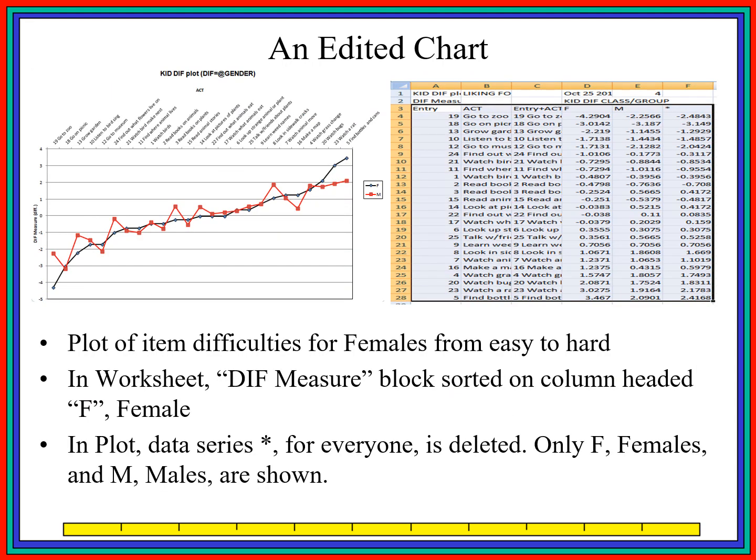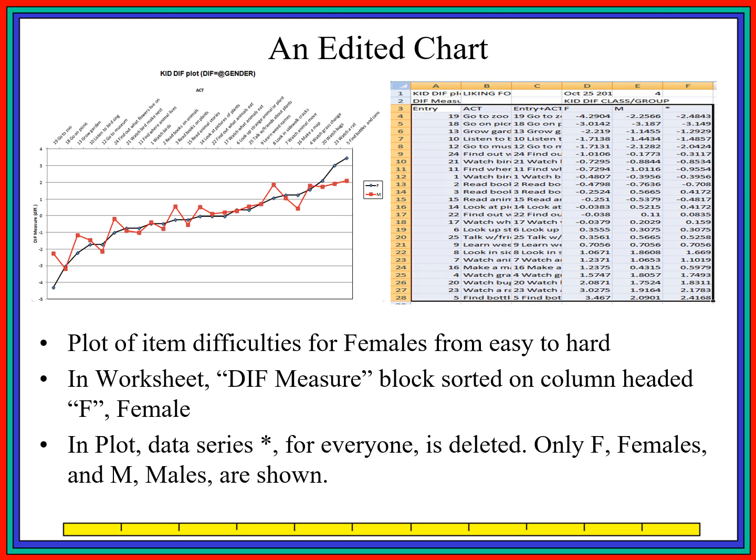Now, it's even better if we reorganize that previous chart a little bit and sort by the group we're interested in. And we can do that because we're in an Excel spreadsheet at this point, and there is a worksheet connected with it.